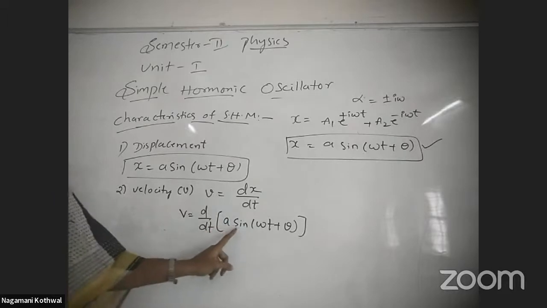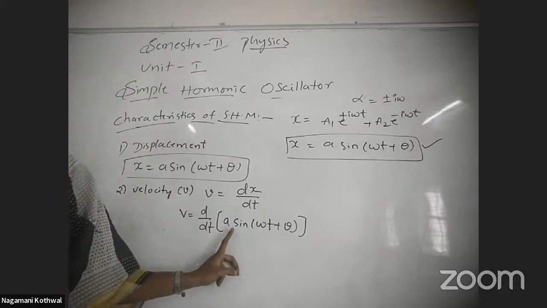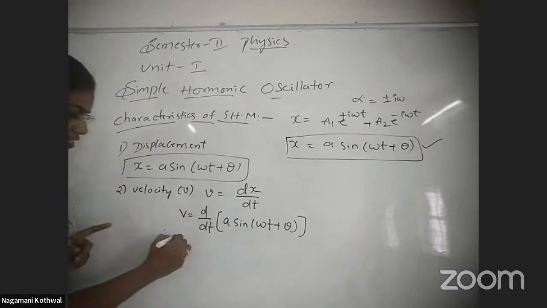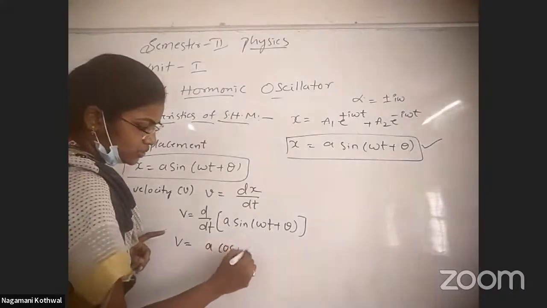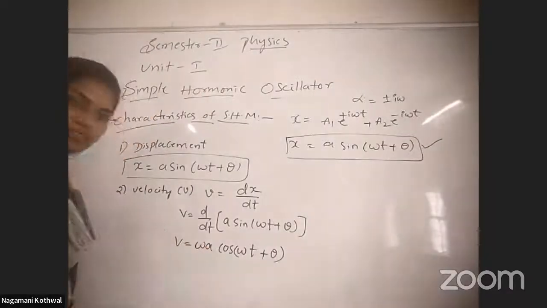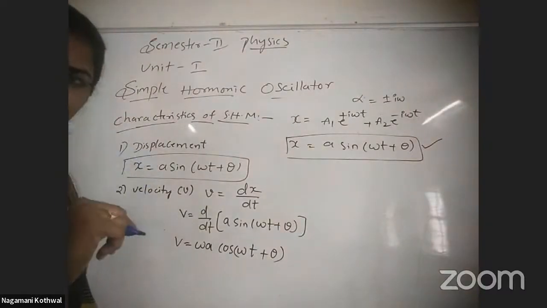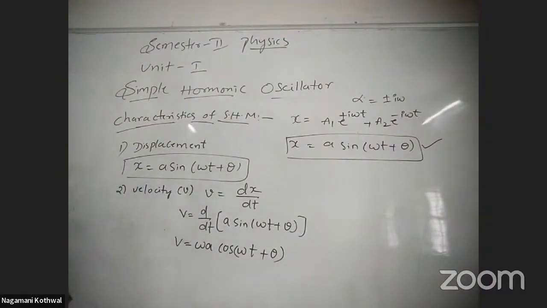The differentiation of sin theta with respect to t is cos theta. So we get a cos(omega t plus theta). Differentiating omega t gives omega, and with respect to t it will be 1.